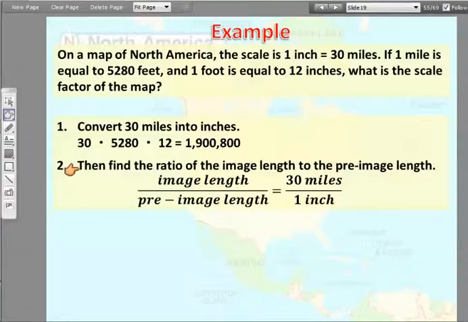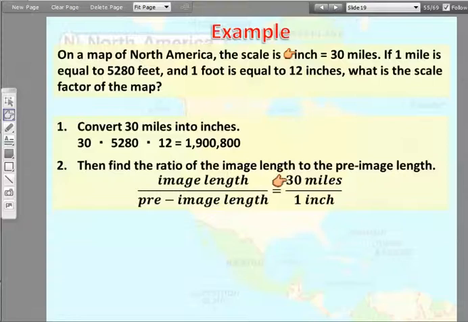Next, I'm going to find the ratio of the image length to the pre-image length. Remember, we always put the image in the numerator and the pre-image in the denominator. So my image length is 30 miles, which is 1,900,800 inches, and my pre-image length is 1 inch, and we got that from right here.